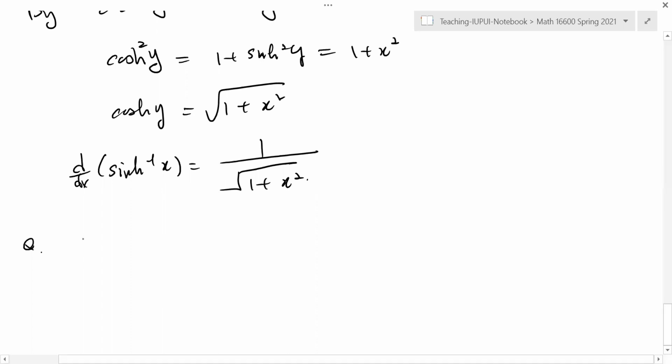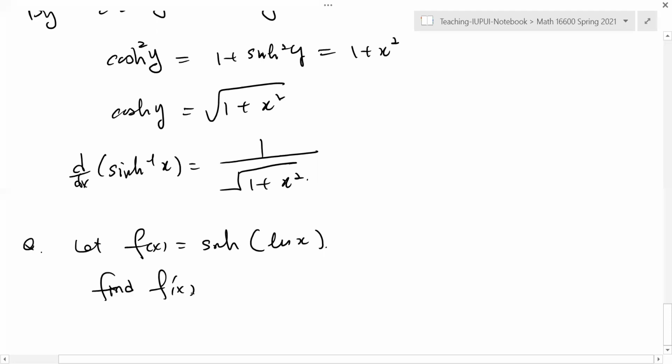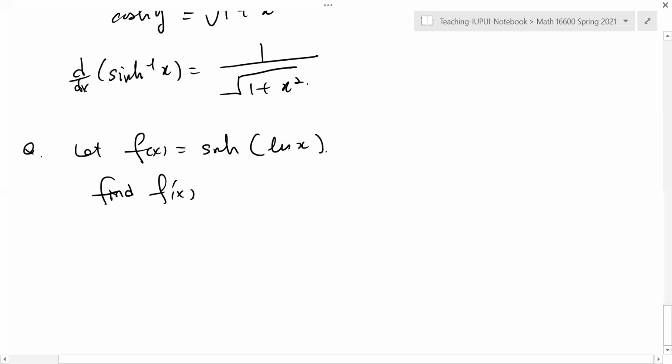The first one is a pretty tricky problem. Let f of x be the inverse hyperbolic sine of the natural log of x. Find the derivative of this function.